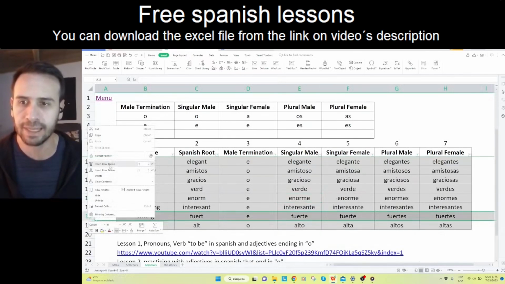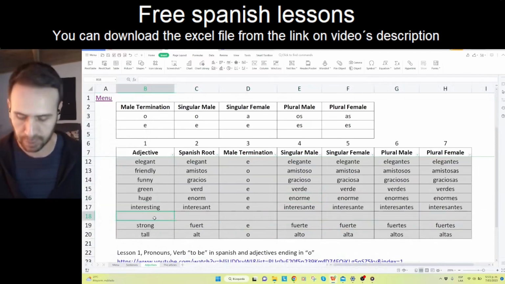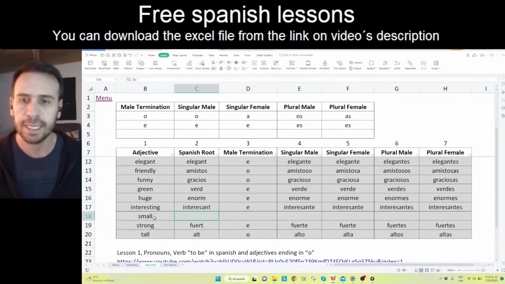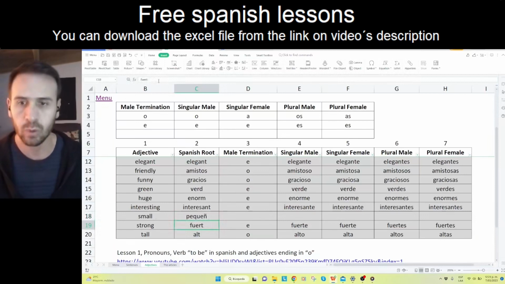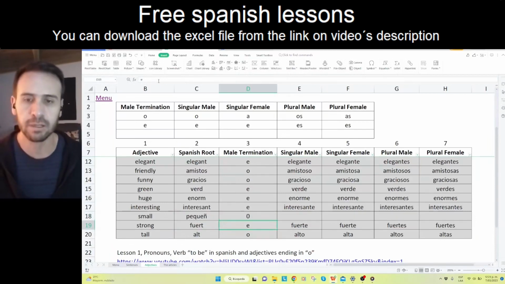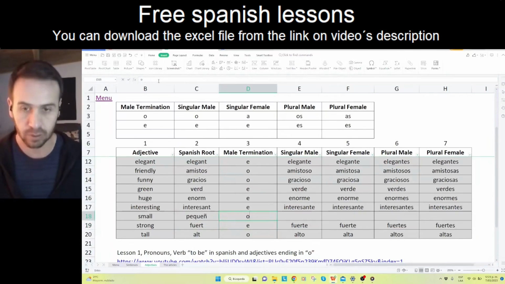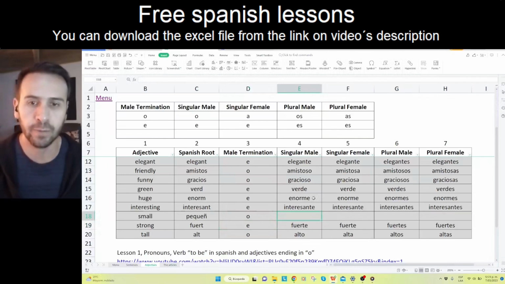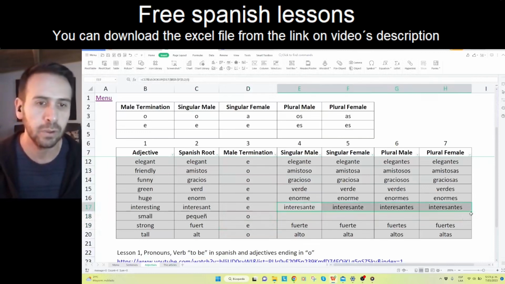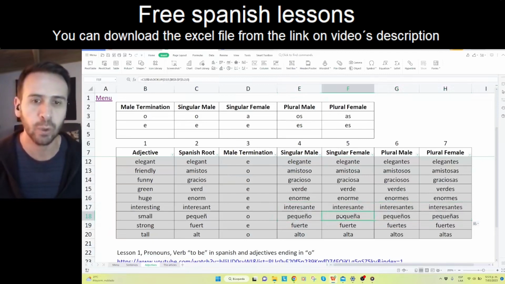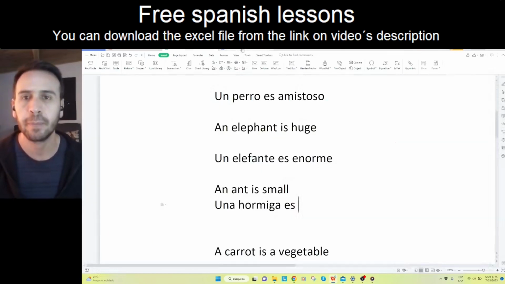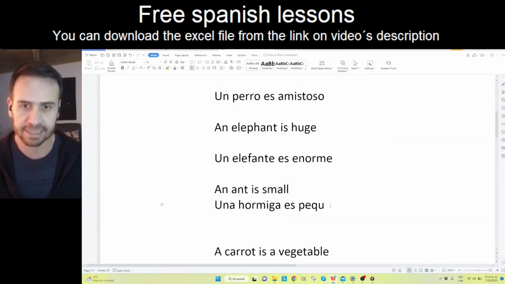We can add the line here and put small, which is pequeño. We remove the O. We put the O here. We drag the formula down and we will find out pequeño, pequeña. Since it's female and singular, we use pequeña. Una hormiga es pequeña.